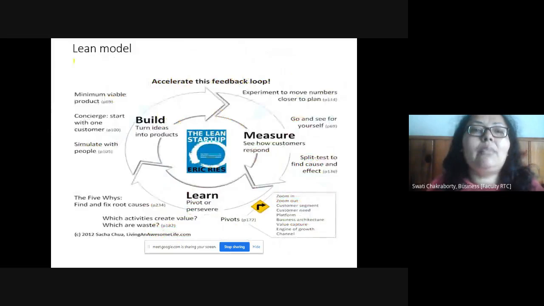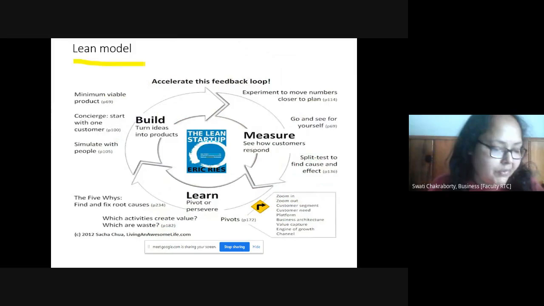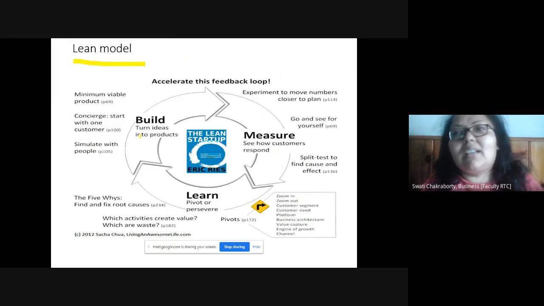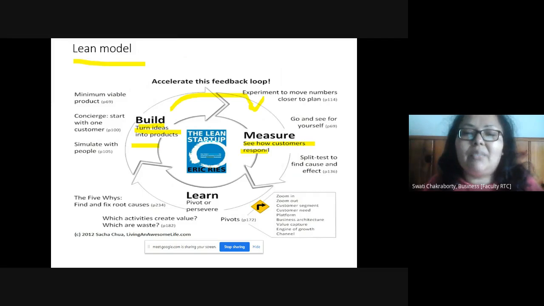Okay, lean model. This is basically where we talk of business startups. Now, what happens here is you learn as you start your project. So you build your project, you turn your new ideas into products, come into the market, see how your customers are responding to it, take that feedback, right?